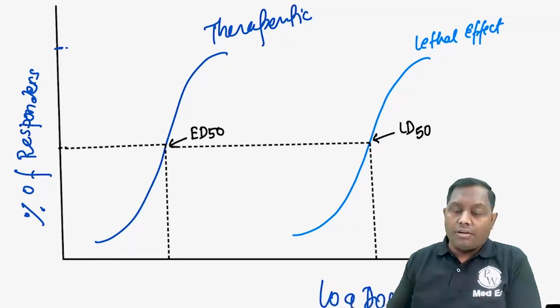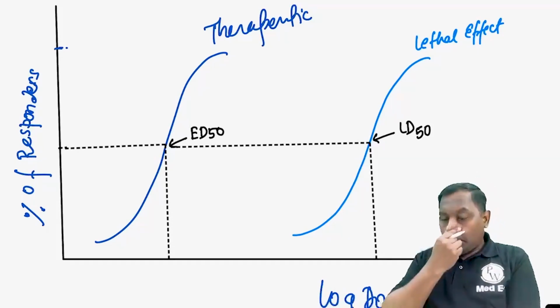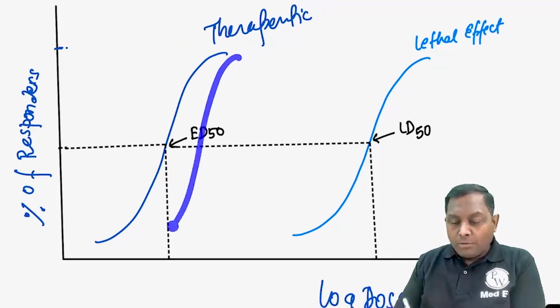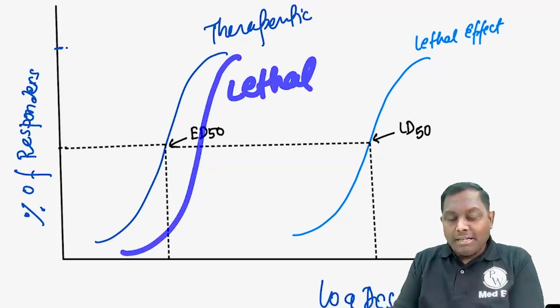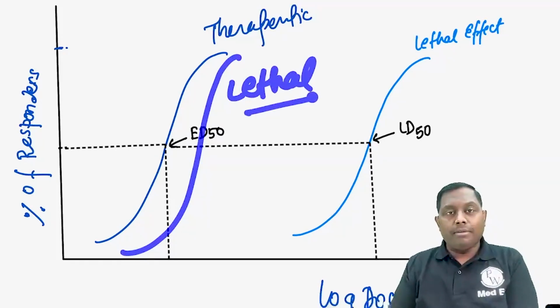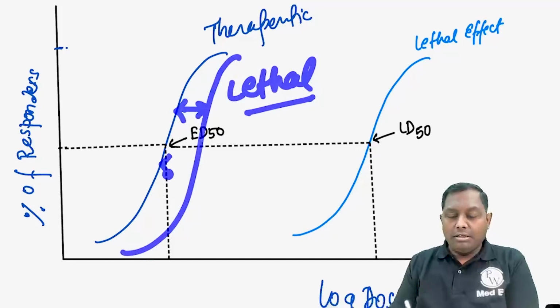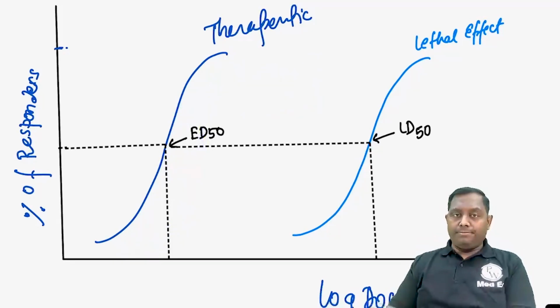Now, between the two, consider if this is the therapeutic effect and the very next dose produces lethal effect, will you say that this is a very safe kind of drug? You can see one dose is causing therapeutic effect, another dose is causing lethality. So this is a very narrow safety margin.